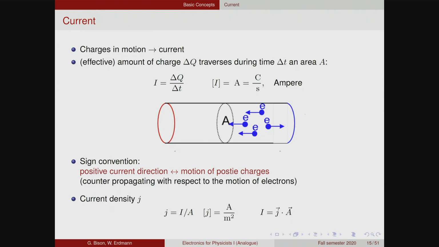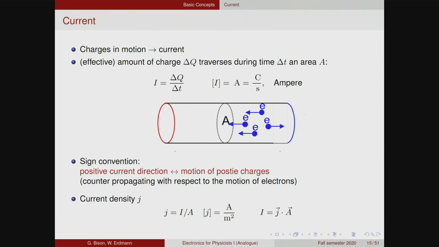Which is, of course, clear. Of course, in semiconductors, we can have positive charges, and there the current direction is the same as the direction of the charge movement. Actually, this was defined before the value of the charge of the electron was known, and we never changed it.